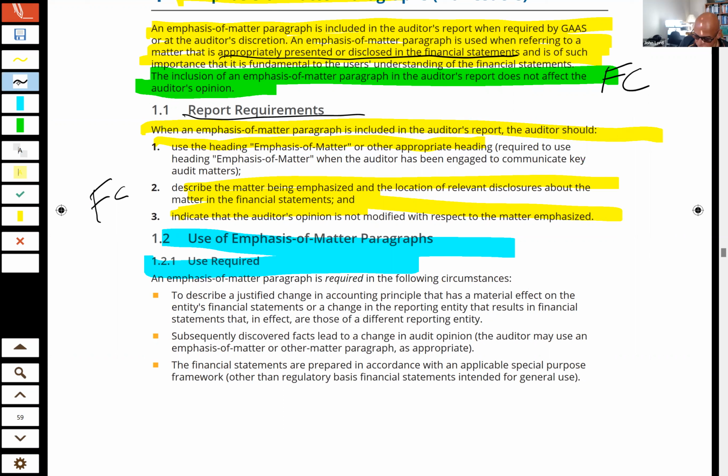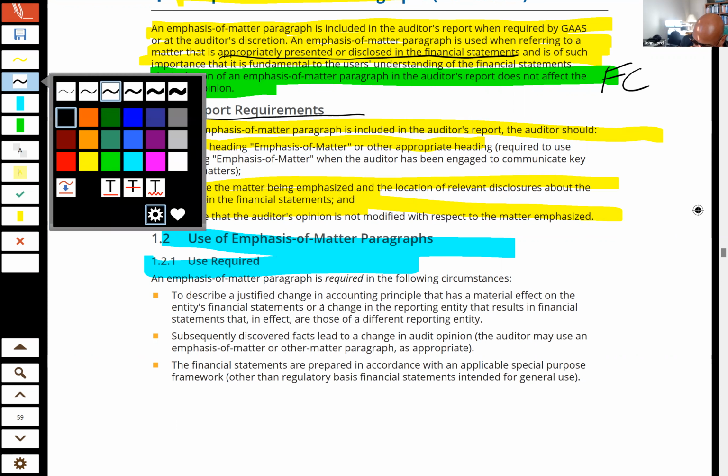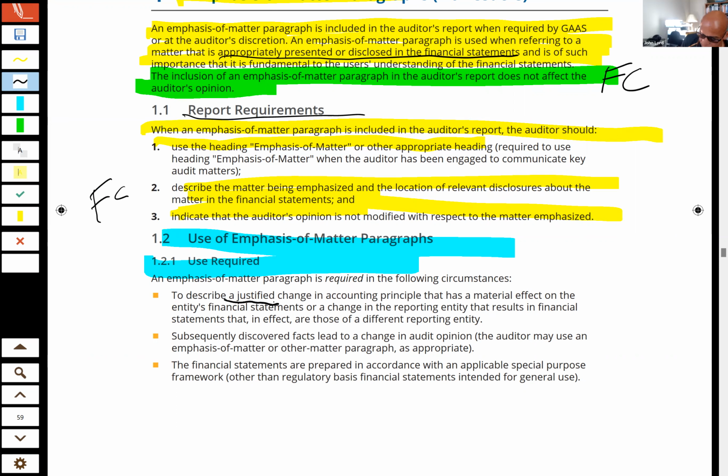Okay, now let's take a look at when the emphasis of matter paragraph is required. And we say if there is a justified change in accounting principle.